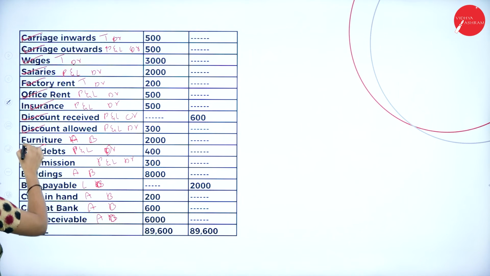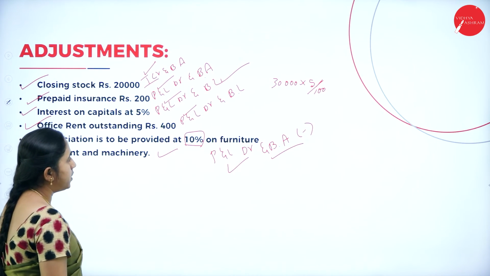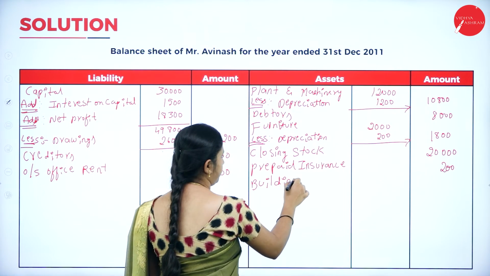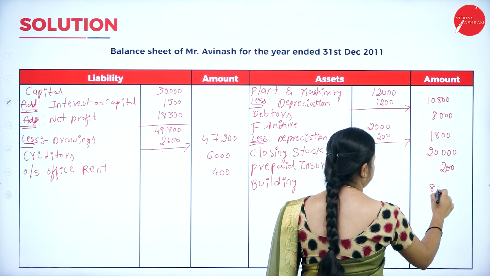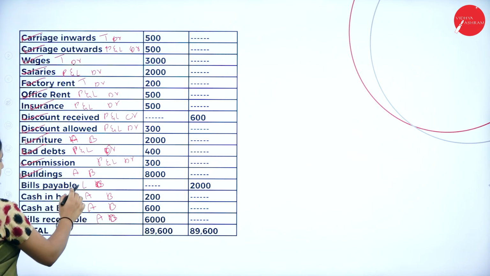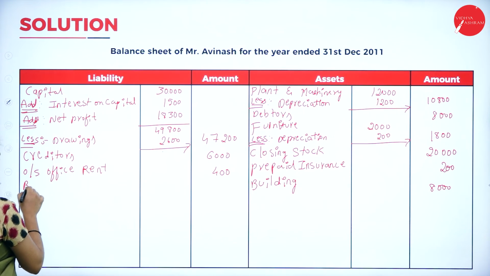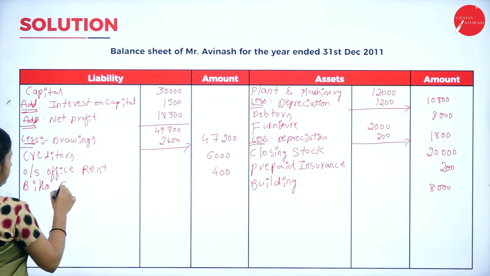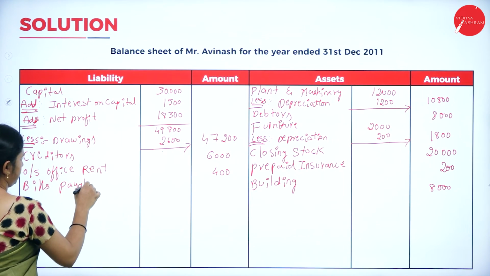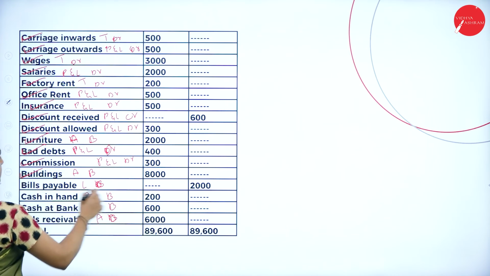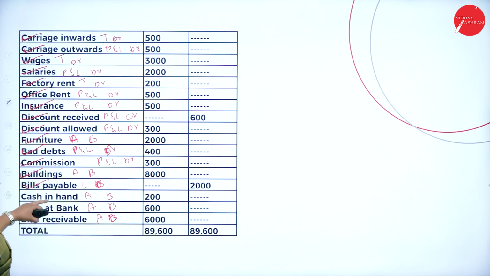Let's check whether we have any other balance sheet items. Here we have building 8,000. Then bills payable, liability side of the balance sheet, 2,000. Then cash in hand and cash at bank, 200 and 600.